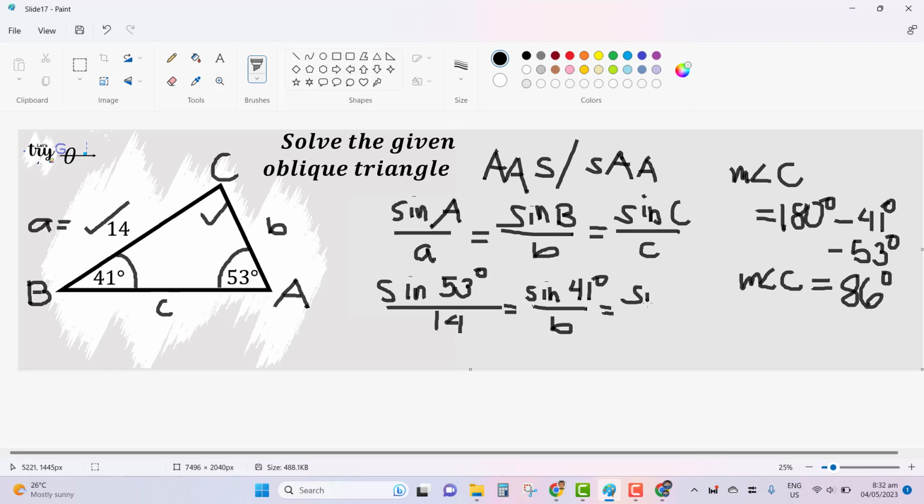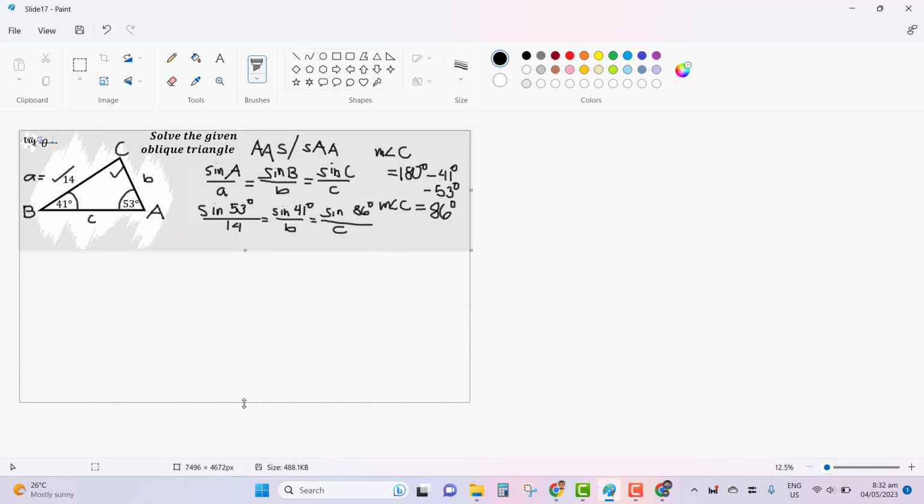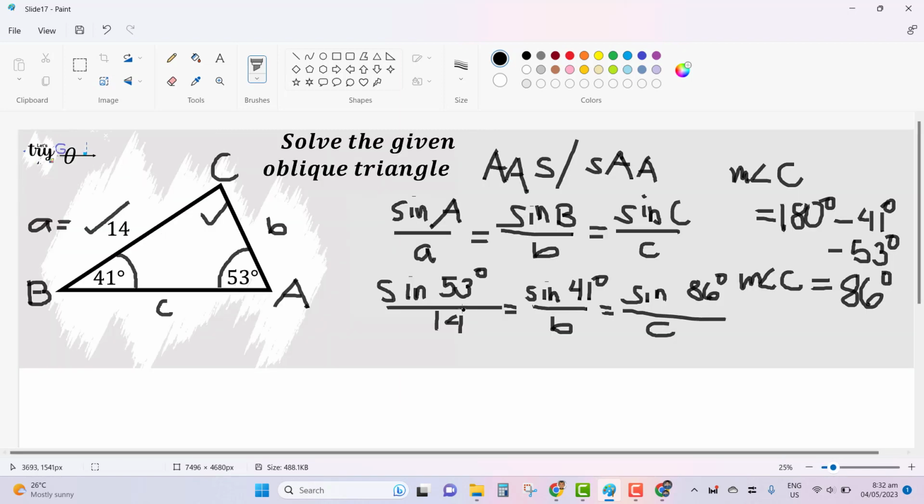And finally, you have sine 86 degrees over the second unknown, side C. Let me increase this portion here for more space. In solving the sides, we are going to pick the ratio with all given measurements. I'm talking about this pair here. So we will be pairing these two ratios, and then we are going to solve for that.